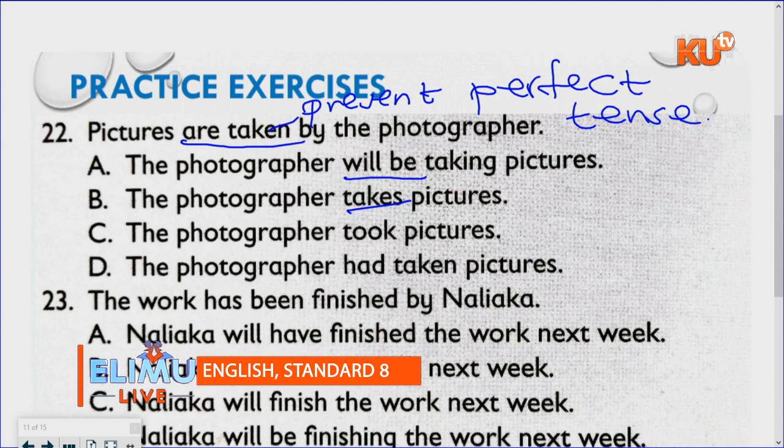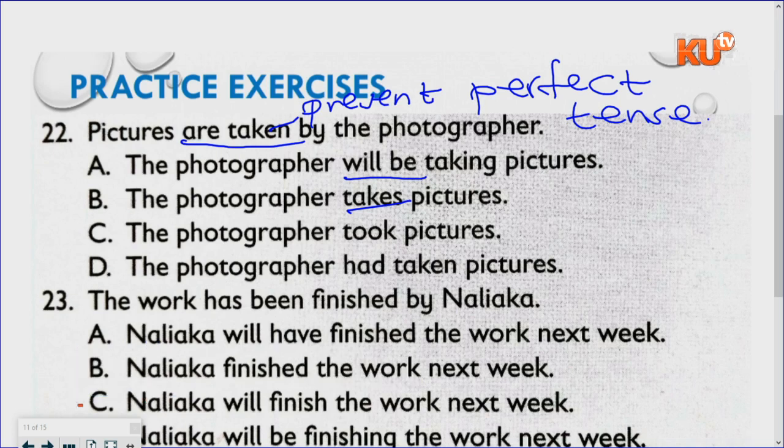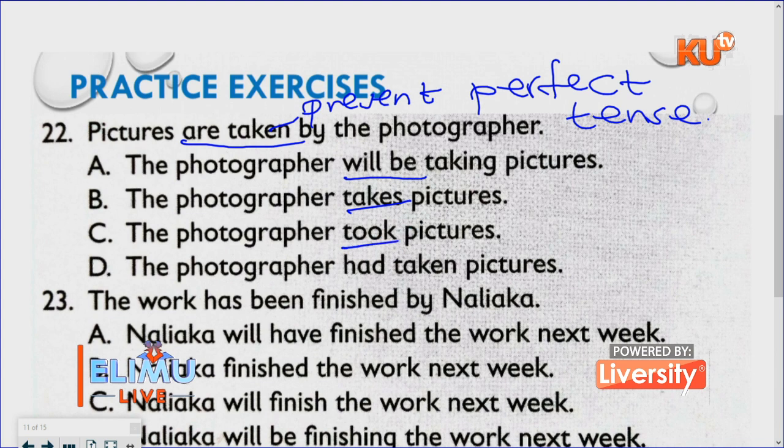The photographer took pictures. Took is past tense. All right. So the verb can really help you a lot to know how to change sentences from passive to active and vice versa. The tense can help you a lot in changing sentences from active to passive and from passive to active.